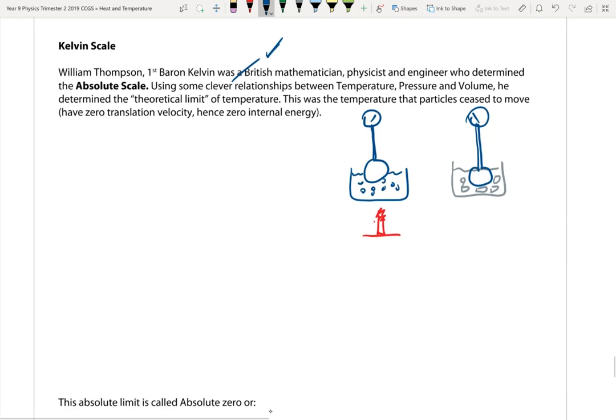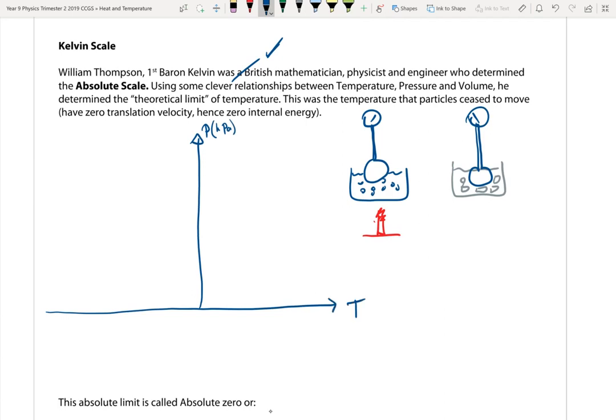Now you have a nice space here to make a lovely set of axes. Actually, I'm going to put my axes over here. And we'll have pressure. It doesn't matter what units we put our pressure in. Let's go kilopascals, kPa. And let's go temperature. Okay?